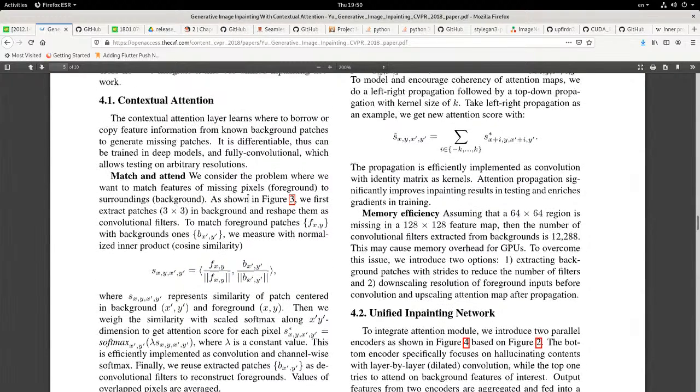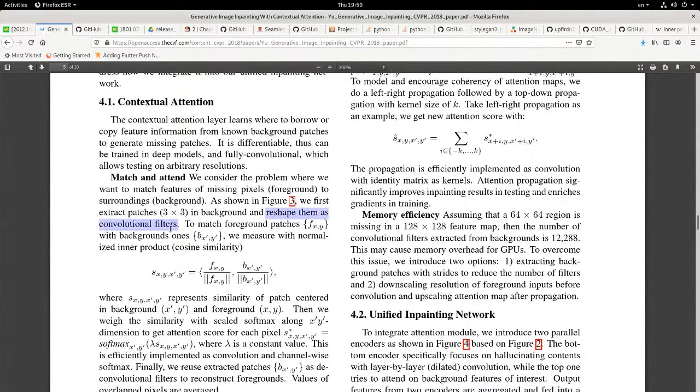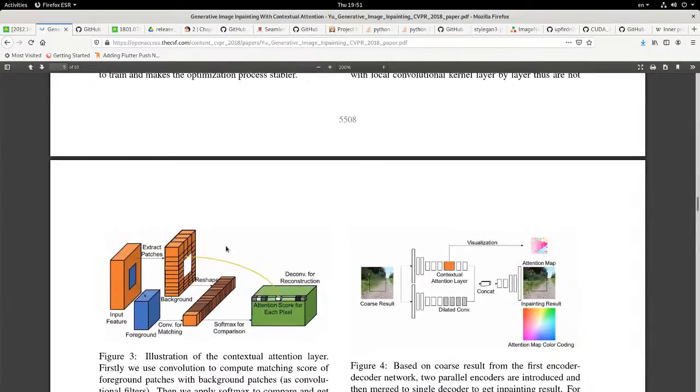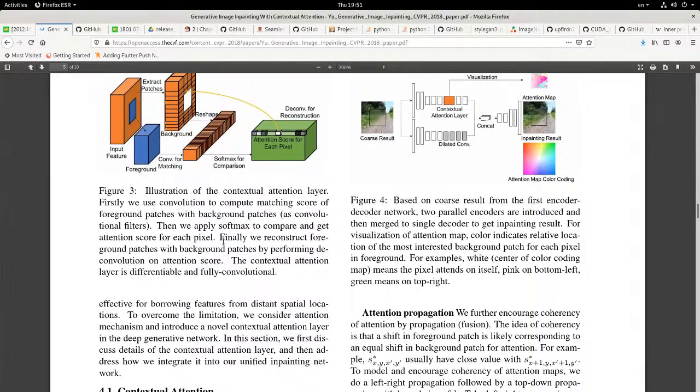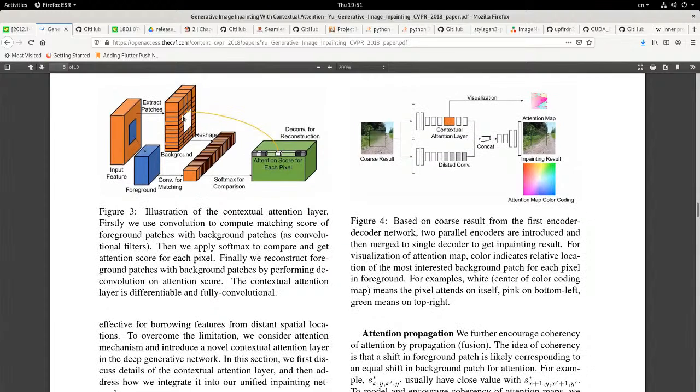I am so confused what it means by reshape them as convolutional filters. So a convolutional filter is just a matrix, right? Or it can be represented as such. So what the heck does that mean? Also, why is the top one fat and all these ones thin?